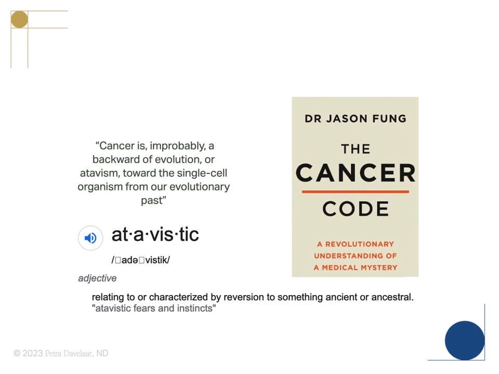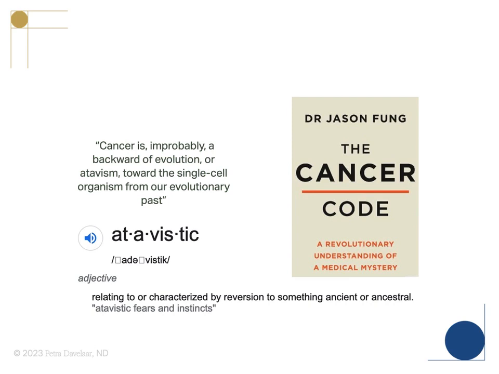This bioinformational crisis in cancer research led to the blossoming of the evolutionary theory of cancer. What Dr. Jason Fung calls Paradigm 3.0 in his latest book, The Cancer Code, builds on both the evolutionary theory and the atavistic theory.